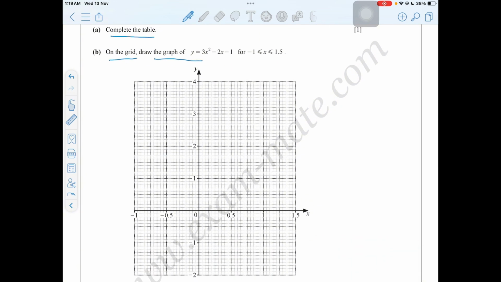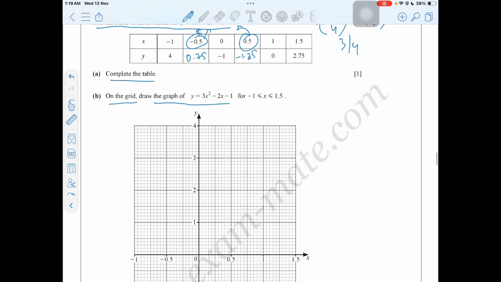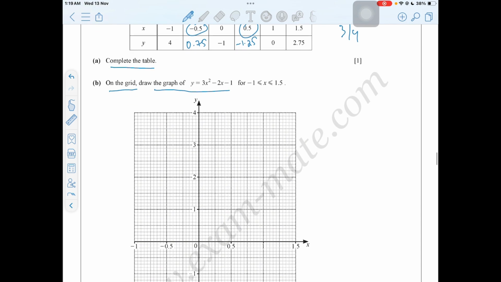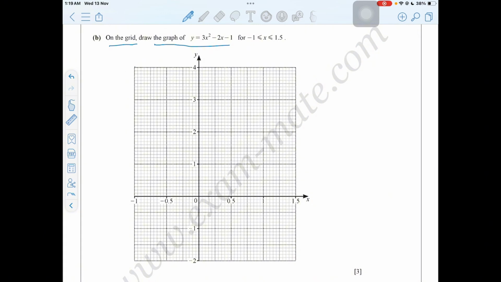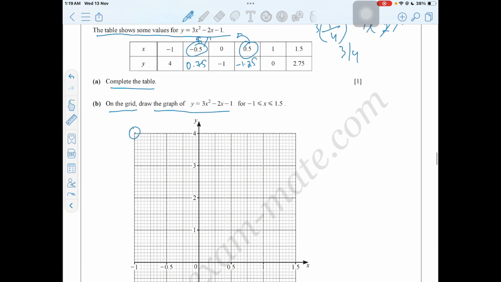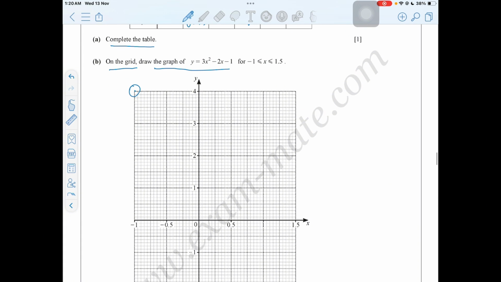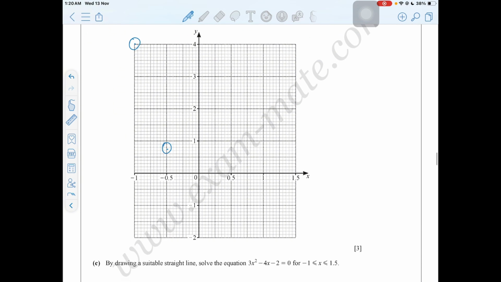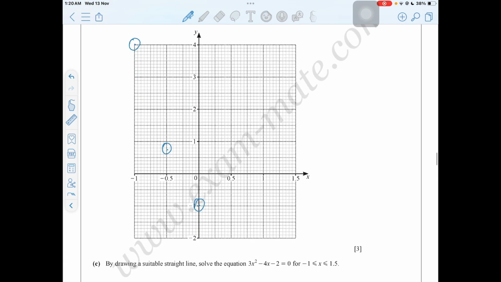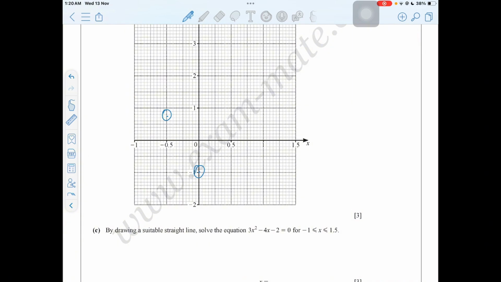On the grid, draw the graph of this for negative 1 till 1.5. At negative 1, we have 4. At negative 0.5, we have 0.75. This is 0.5. This is 0.75. Right? At 0, we have negative 1. At 0.5, we have negative 1.25.